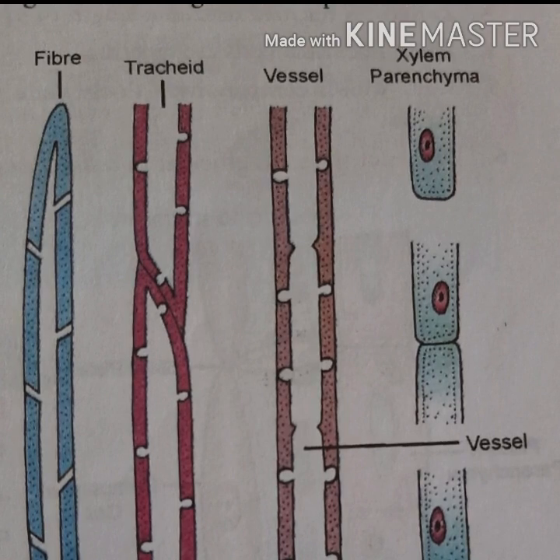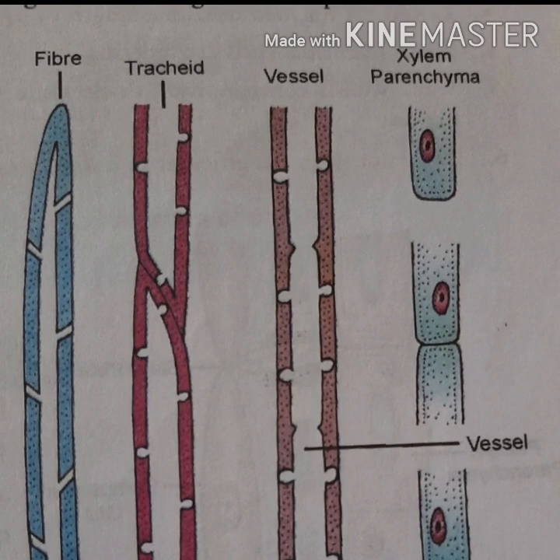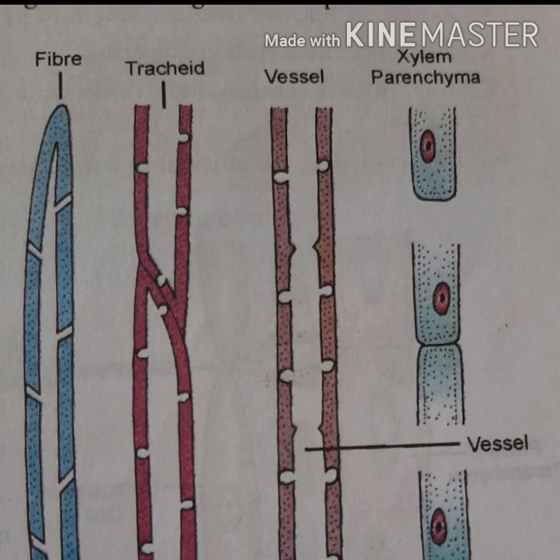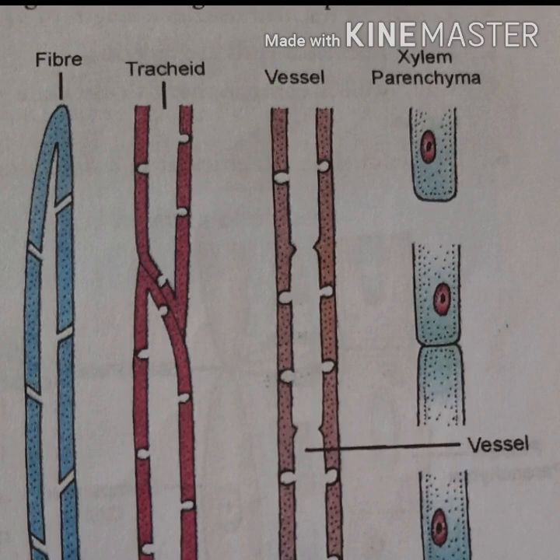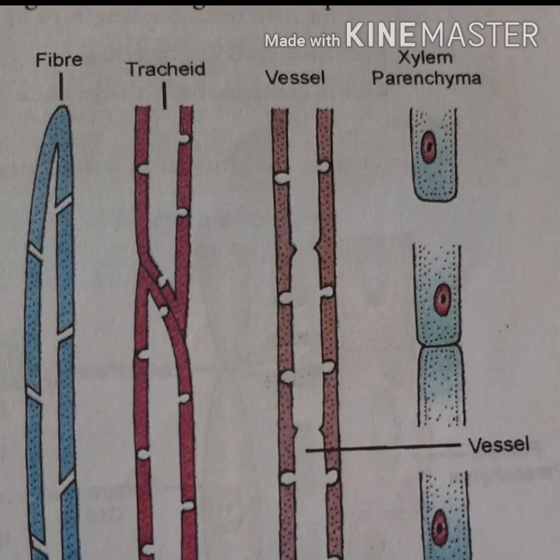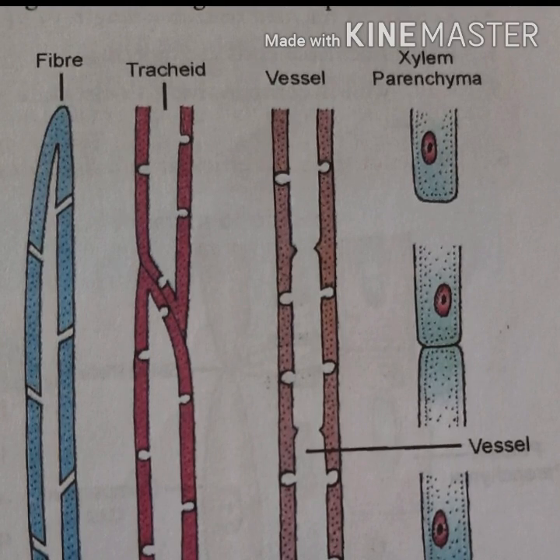Now here you can see the picture of the four elements. Tracheids are long tubular dead cells with lignified walls. Tracheids possess various types of thickenings for mechanical strength. The thickened areas help in movement of water from one tracheid to another.